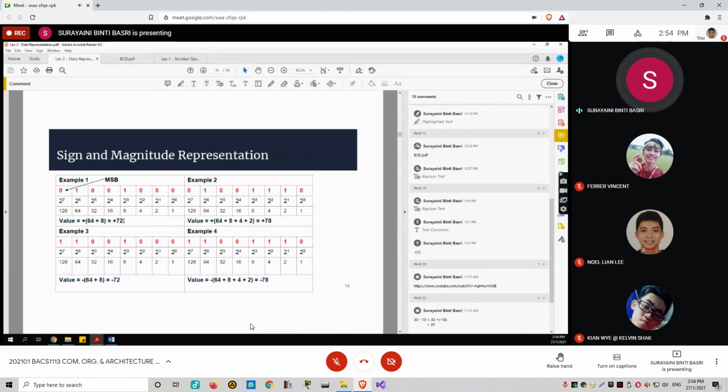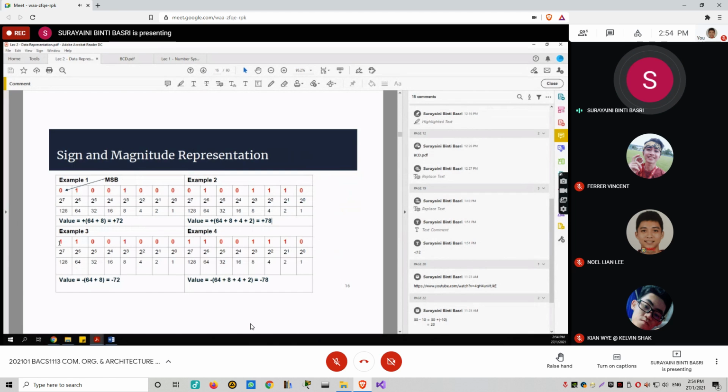So this number represents positive 72. This is the second example. Because the first MSB is 0, this is a positive number. And then we get the value of each of these bits. So 64 plus 8 plus 4 plus 2, so you will get positive 78.